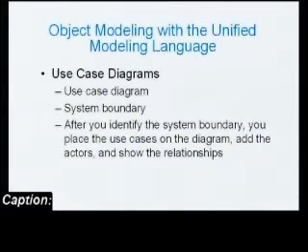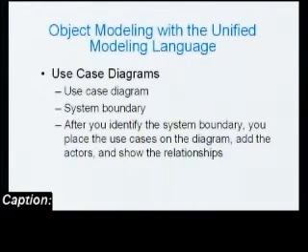A use case diagram is a graphical model that summarizes the information about the actors and use cases. To use use case analysis, a system developer looks at the system as a whole and tries to define all of its major uses. When creating a use case diagram, one of the first steps is to identify the system boundary.